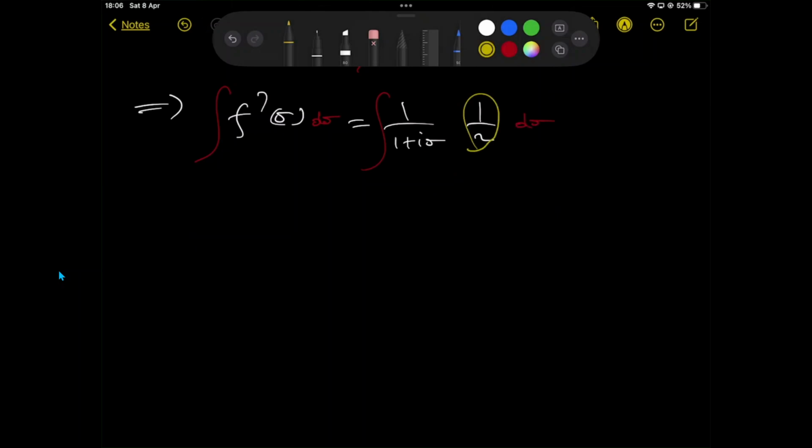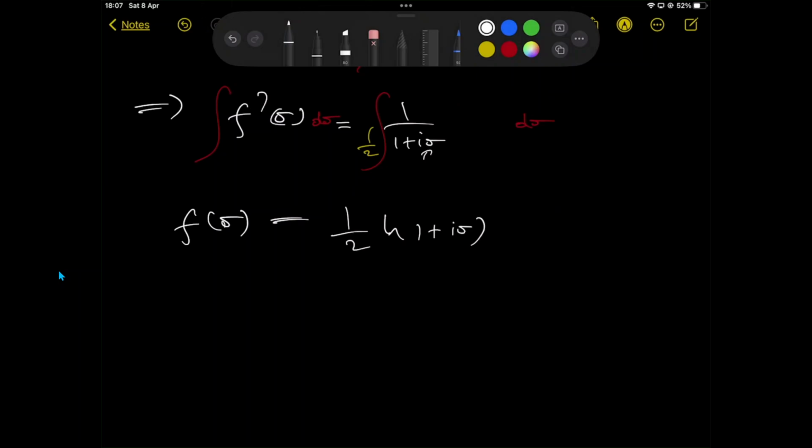This half is just a constant that's been multiplied, so we can take it to the outside. Let's move the equal sign a little bit to the left. On the left-hand side, we just have f of sigma because we're reversing the prime with the integral sign. On the right-hand side, sigma is a variable, and we get half natural log of 1 plus i sigma divided by i, plus c. How did I get this?